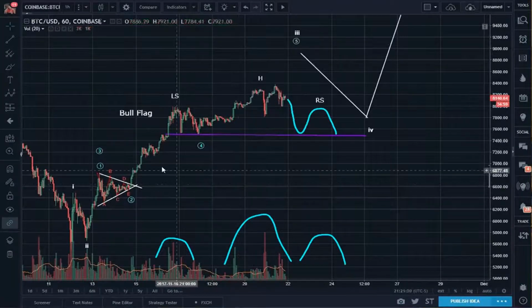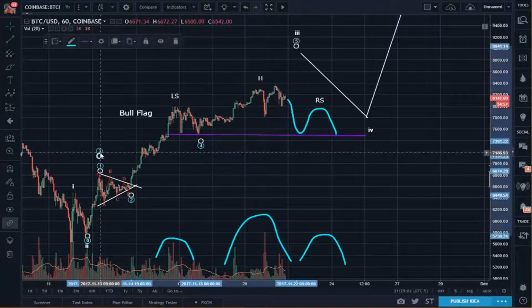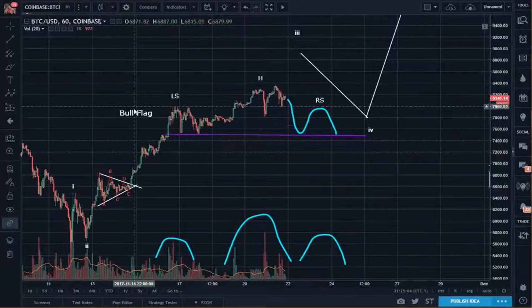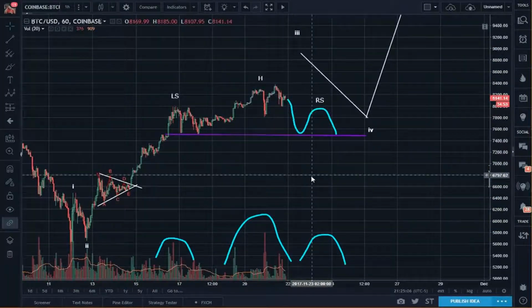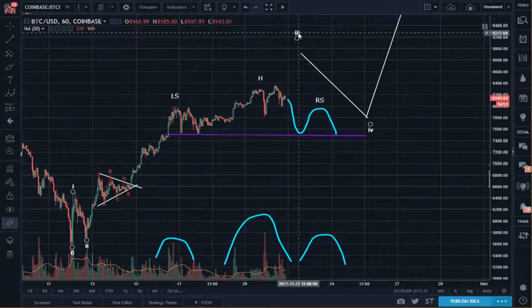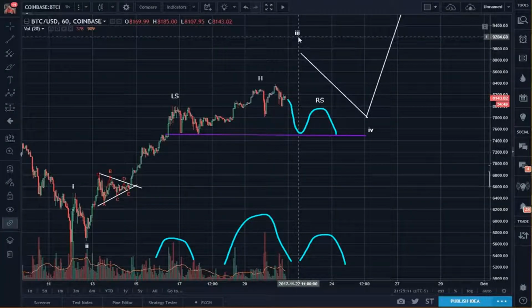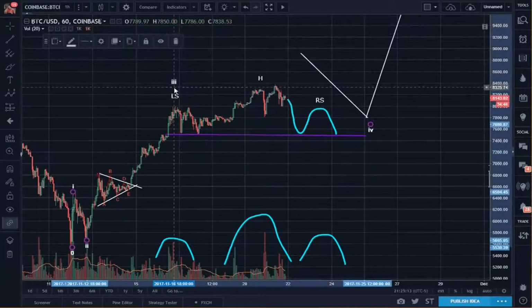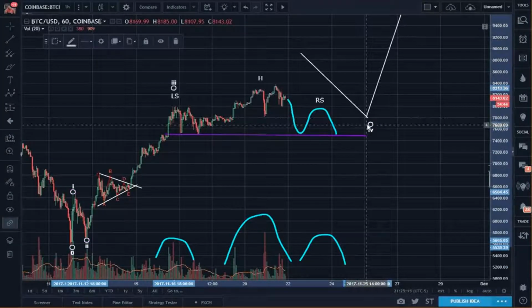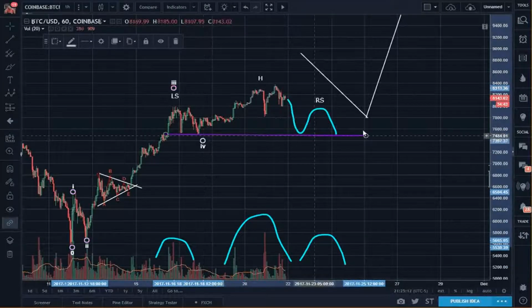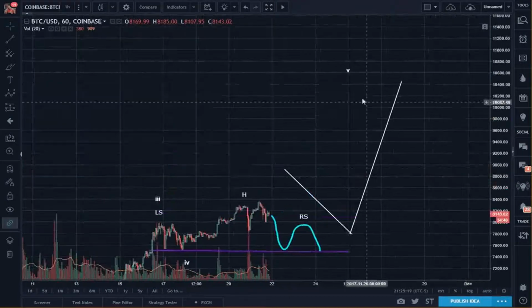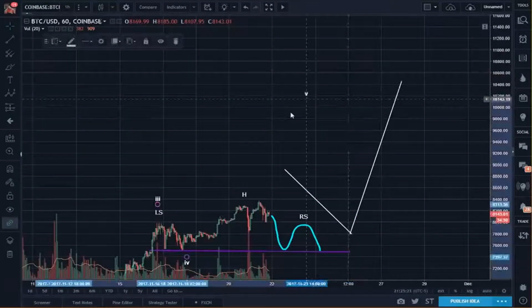So how could this be looked upon with Elliott waves? It would look like this. 3 would be here, 4 would be here, 5 would be there.